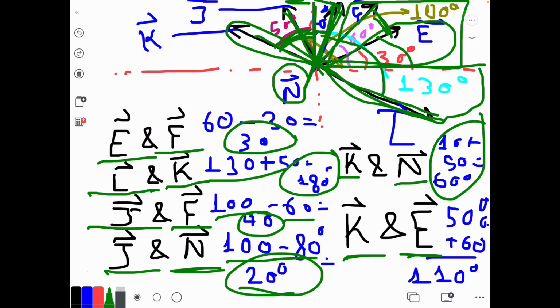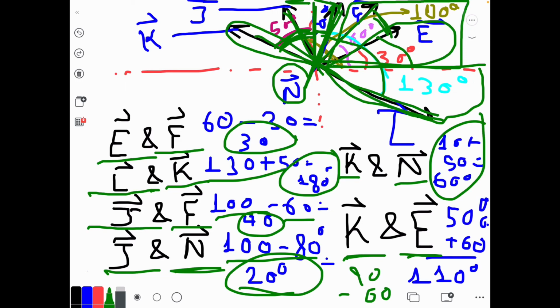We have 50 degrees over here, and then 60 degrees between the vertical reference line, which is 90 degrees, and vector Evan, which is 30 degrees. So we subtract 60 from 90 to get a 30 degrees angle.